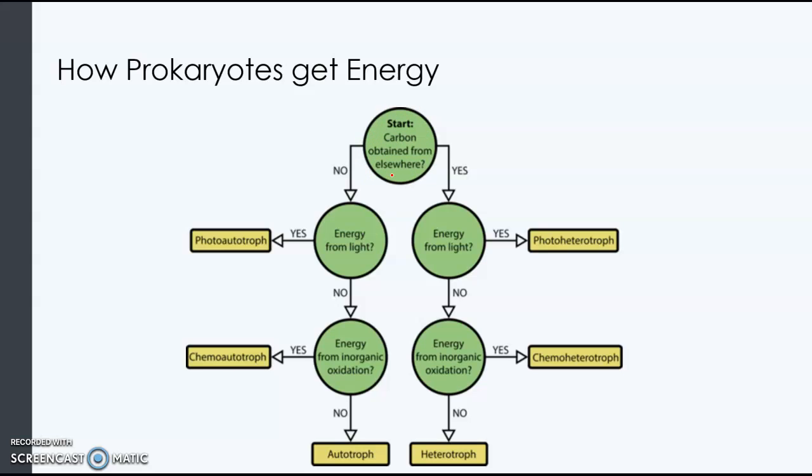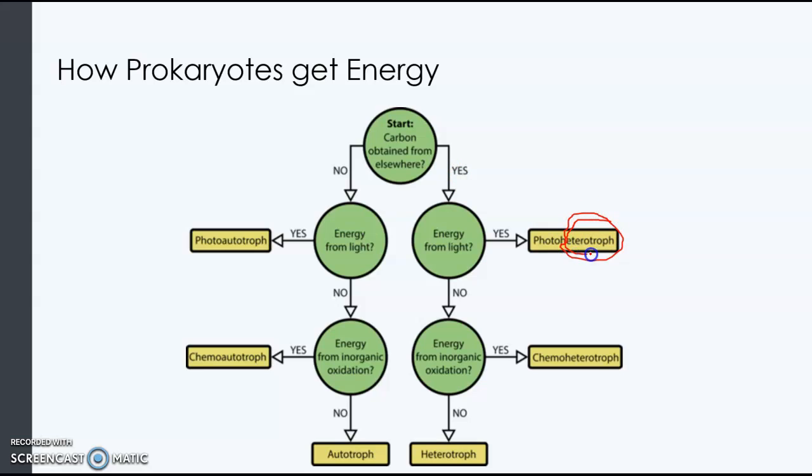Okay, so in other words, does it ingest carbon from somewhere else like we do, like humans do? In other words, it does not make its own food. If the answer is yes, then it's a heterotroph. So if the answer to carbon obtained from elsewhere is yes, then that gives you that it's a heterotroph.